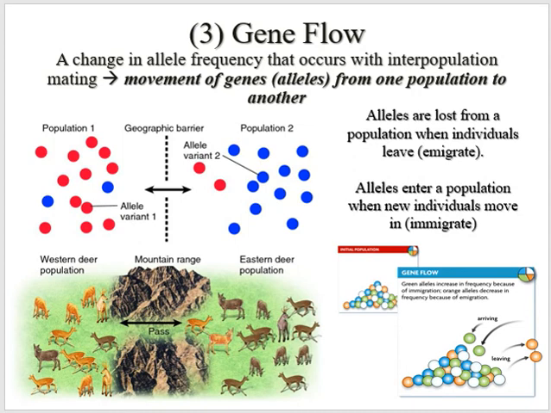They bring their alleles with them. That's, again, gene flow. Emigration refers to the movement of individuals out of a population. So alleles are lost from a population when individuals emigrate, or when they leave.